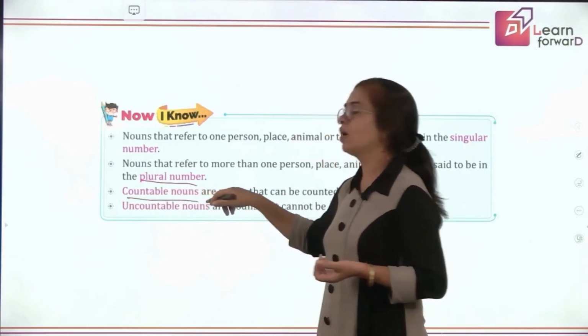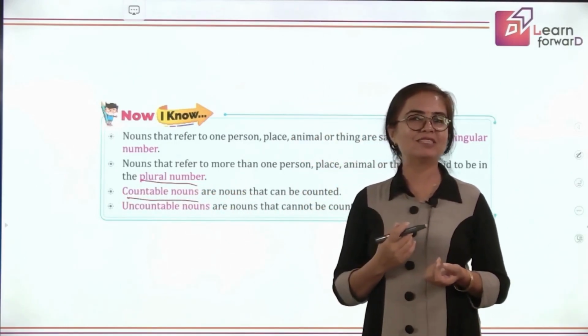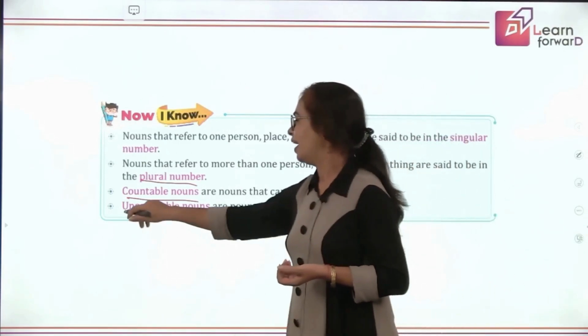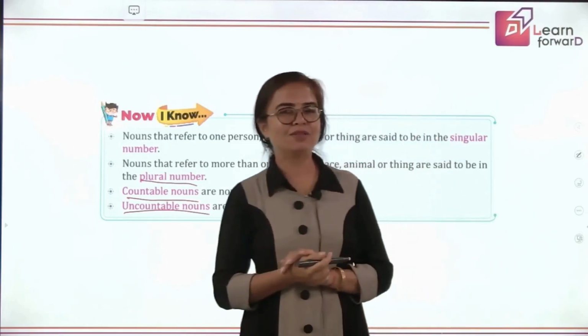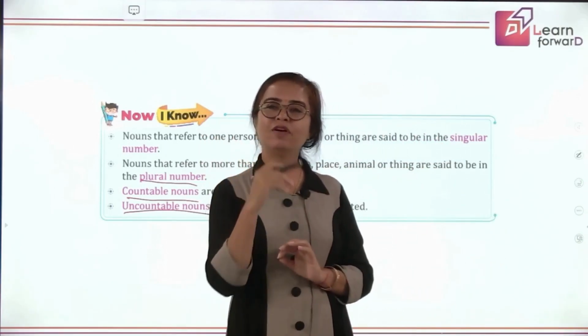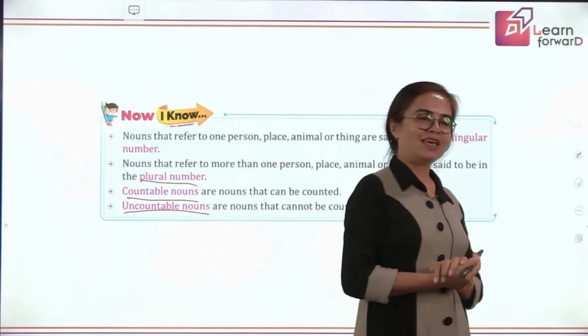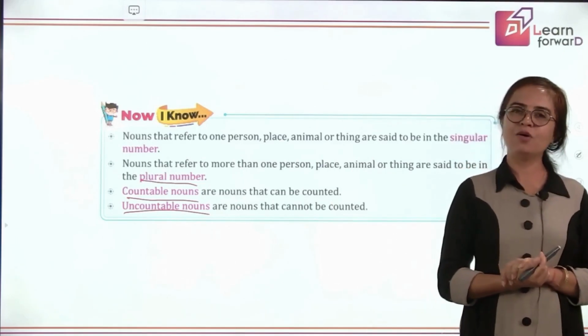Then we have countable nouns that we can count. So are the stars uncountable? No, they are not. And what about uncountable nouns? That you cannot count. So can you make a plural of uncountable nouns? No, you cannot. Okay, so I hope you have understood all this now.